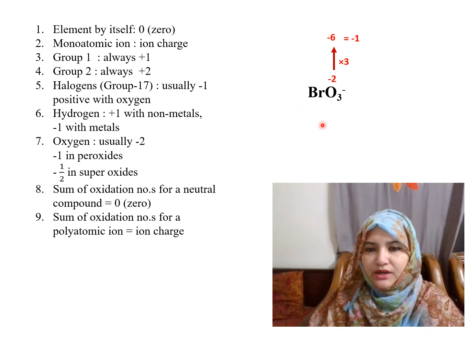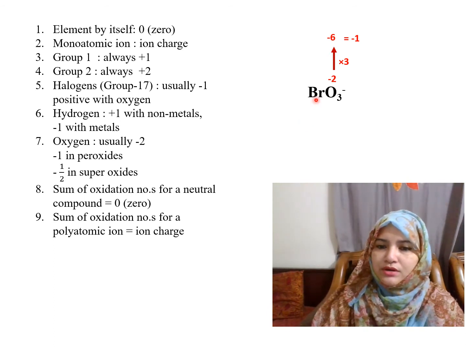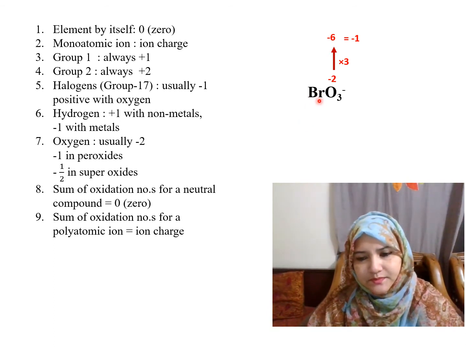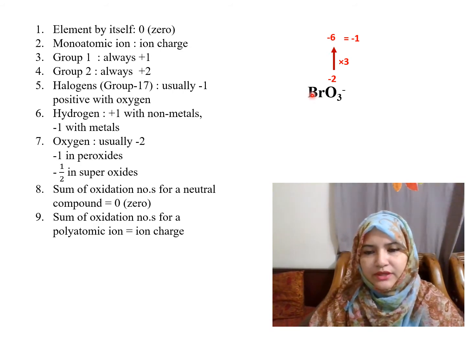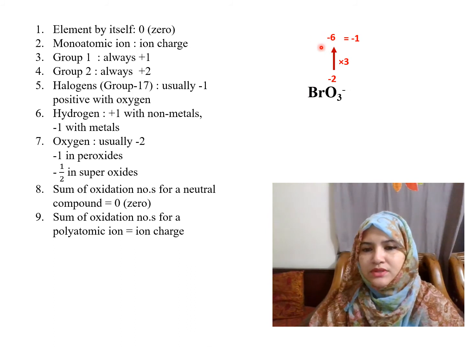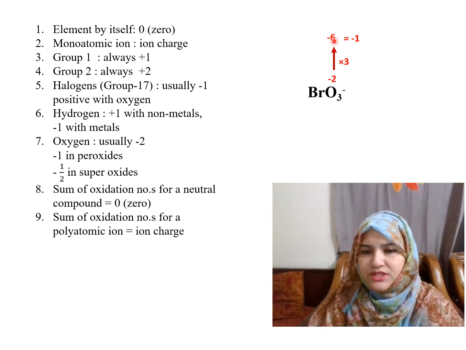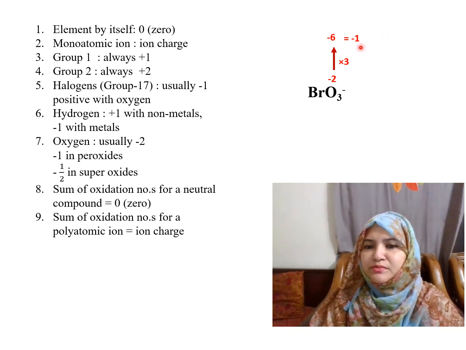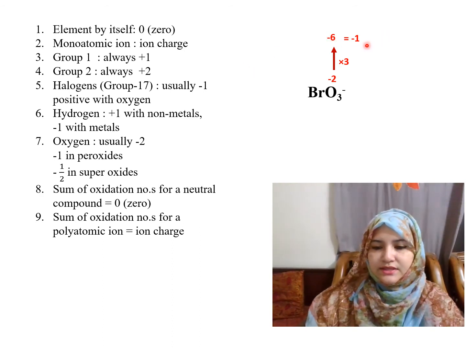Now whatever bromine's oxidation number is here, it is needed to add with the oxidation number of these 3 oxygens, minus 6, to make it minus 1.